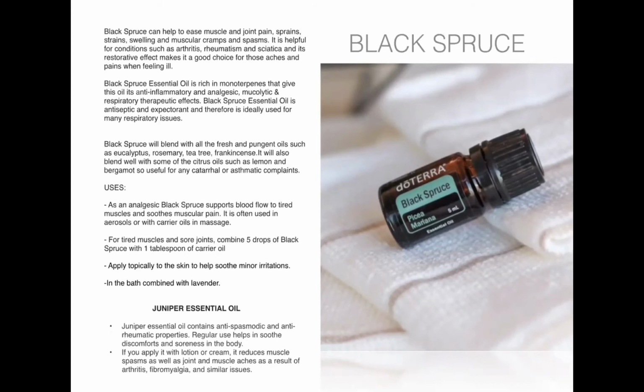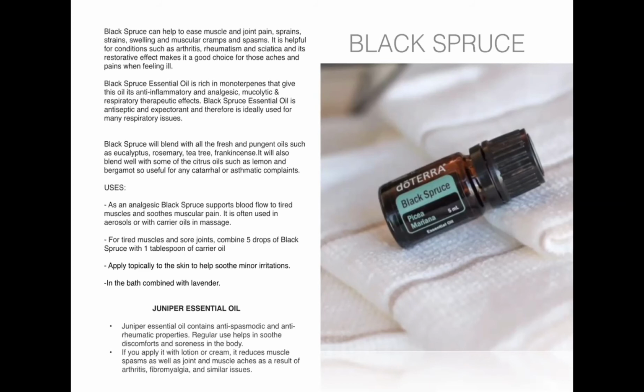As you can see here, it has analgesic, anti-inflammatory properties. It is mucolytic, so it is very good to support the respiratory system. It is antiseptic, expectorant, so again very good during this time of the year to support the respiratory system and in any case of discomfort.